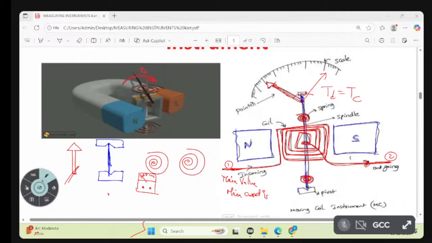So to overcome this, we have to get this steady state, మొత్తం తిరగొద్దు కదా, ఫ్యాన్ లాగా తిరగొద్దు, it has to display. So deflecting torque ఇలా ఉంటే controlling torque opposite ఉంటుంది.